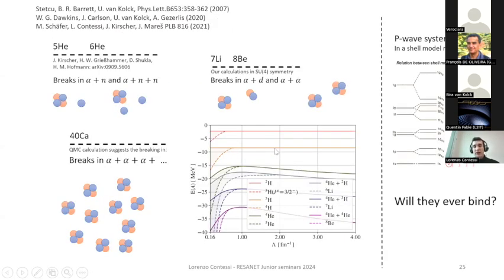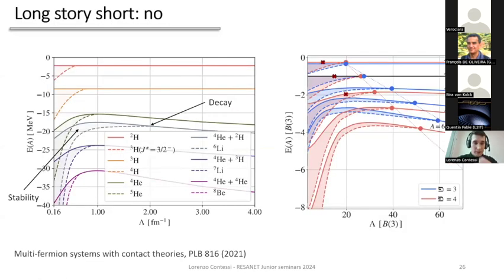And you can calculate different P-wave systems like helium-5, helium-6, lithium-7, beryllium-8 without Coulomb, even calcium-40. And you can see that in all these systems, when you increase the cutoff, those systems tend to break into their S-wave components. And this is essentially a problem for pionless at leading order. And this is the same problem that is seen in oxygen-16 for the modified chiral interaction.